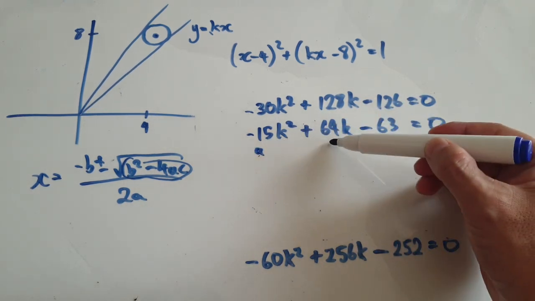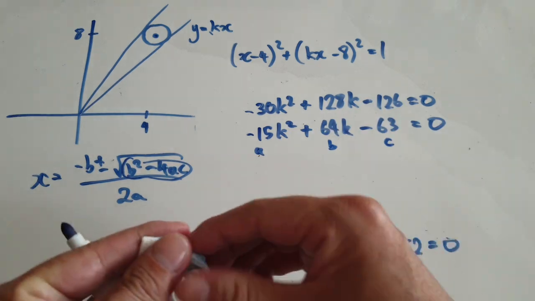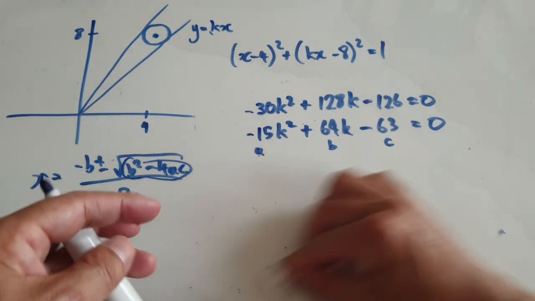This is our A, this is our B, and this is our C. Apply the quadratic formula.